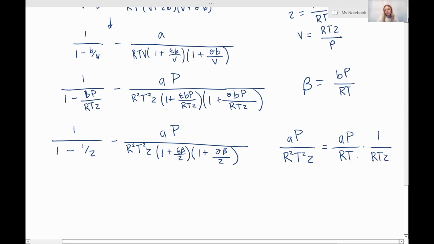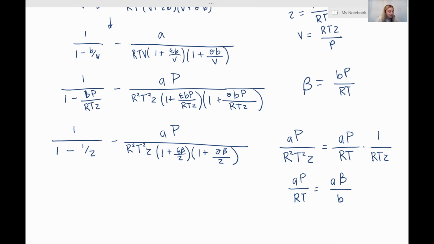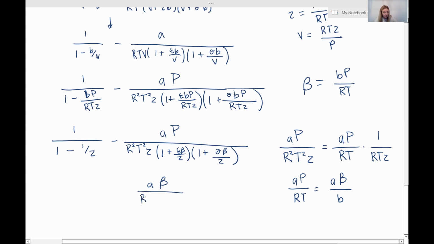If you see, there is a similarity between our beta, bP over RT, and aP over RT. So we can say that aP over RT is equal to a times beta divided by b. Hopefully that makes sense, that algebra there. So then we're left with a beta over RTZ.